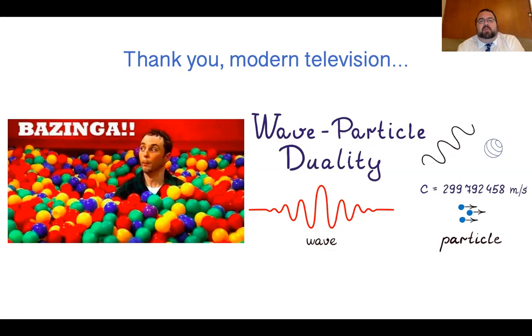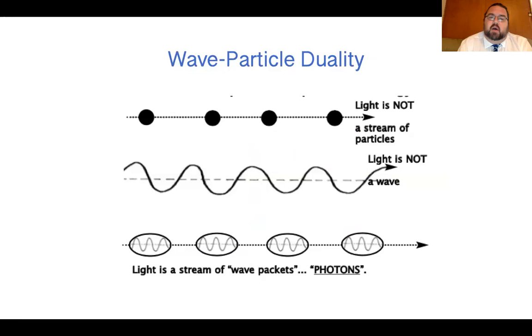Now, sometimes people misinterpret this to mean that light is sometimes a wave and at other times changes into a particle, whereas that's not quite the case. Light is not strictly speaking particles. It's not strictly speaking wave-like in nature, but it's a combination of both all the time. So it's wave-like and it's also particle-like.